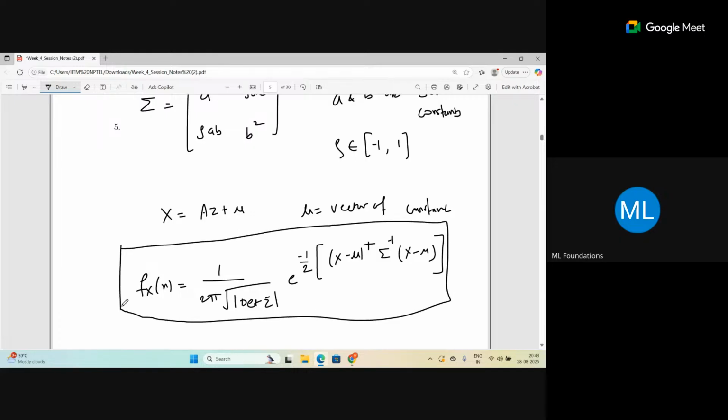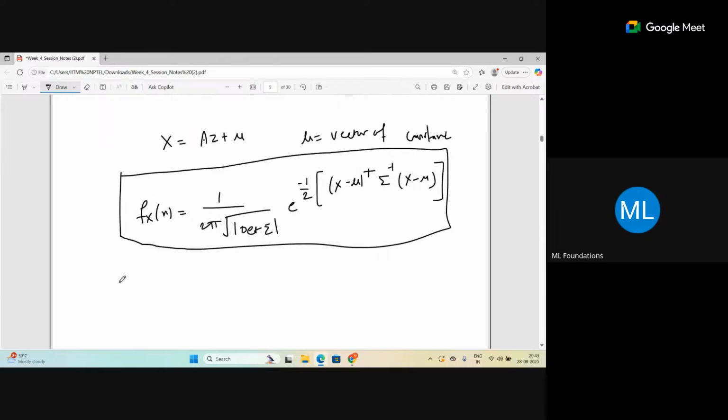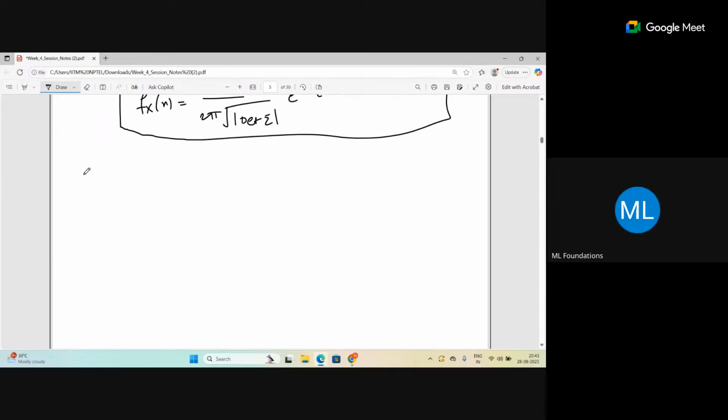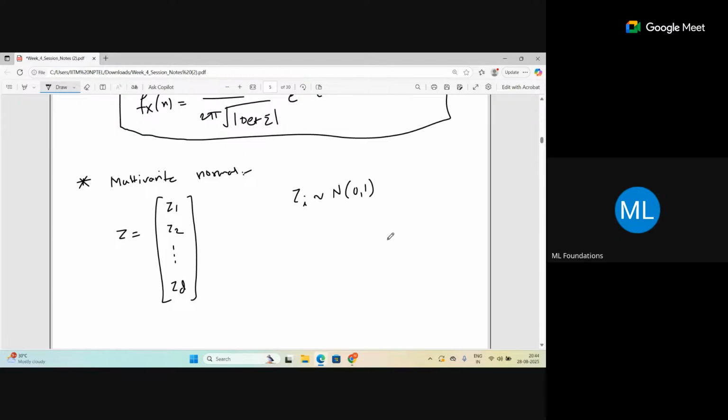We have established that this is the joint density. But let's say in the case of a multivariate normal, if I take the linear transformations of them, then z will be a vector z1, z2, up to zd, a d-dimensional vector, and each z_i is normally distributed with mean 0 and variance 1.